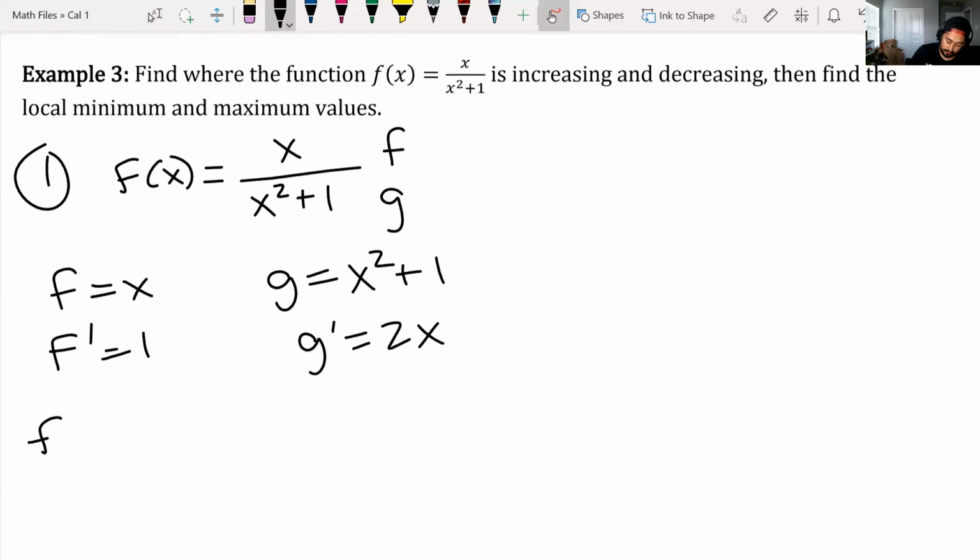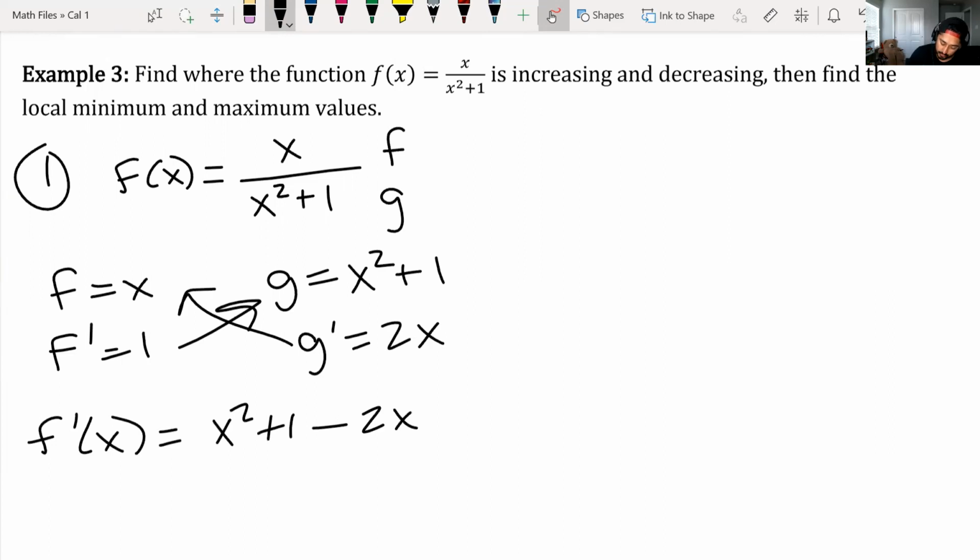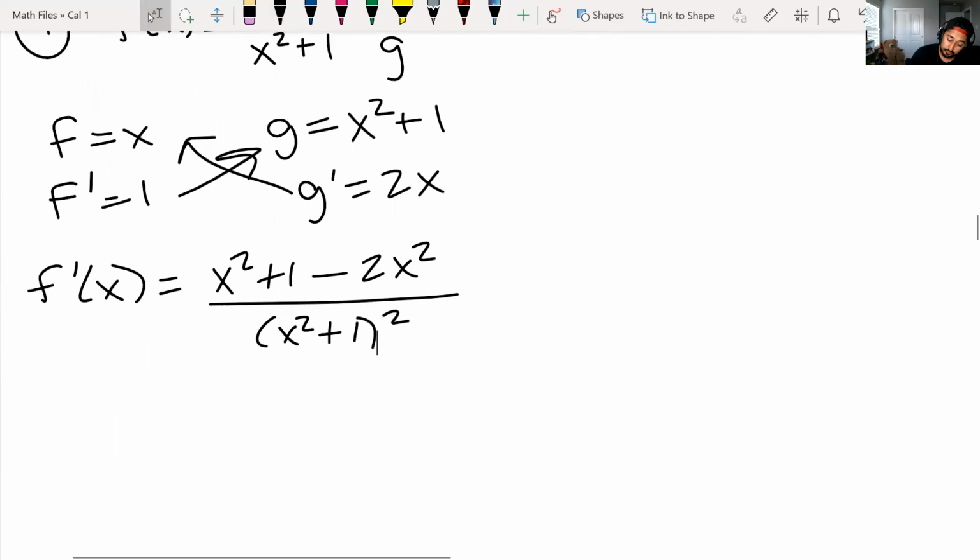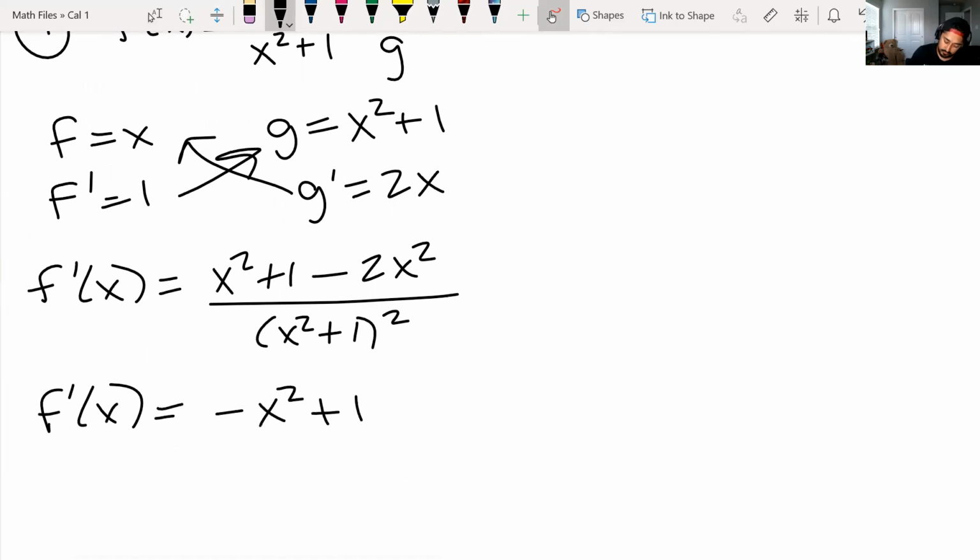This means that f prime of x is f prime g, x squared plus 1, minus g prime f, 2x squared, over x squared plus 1 squared, which means f prime of x is negative x squared plus 1 over x squared plus 1 squared.